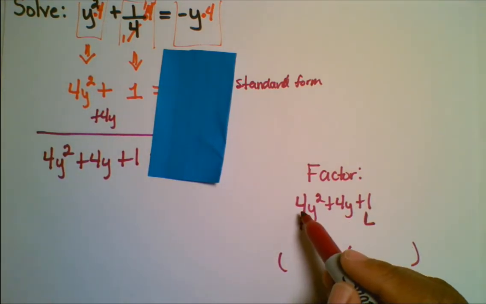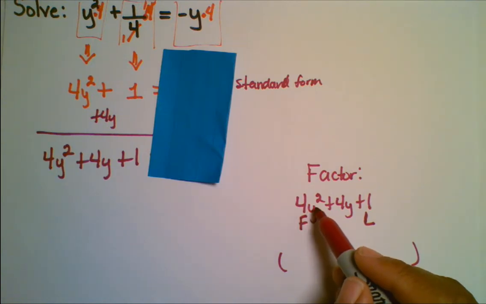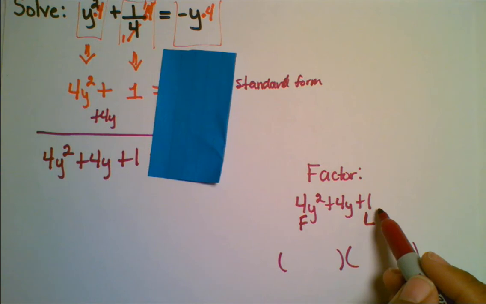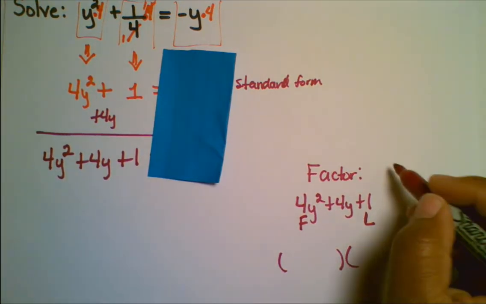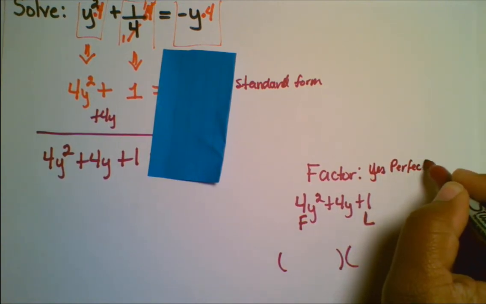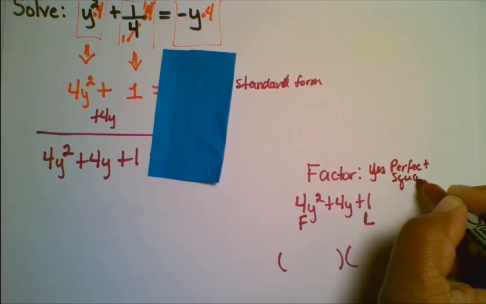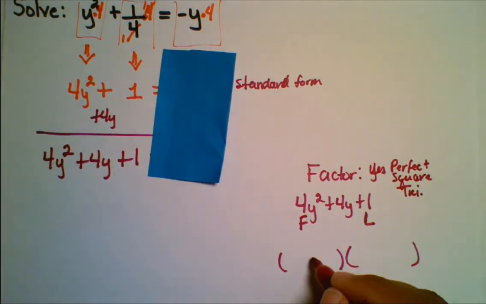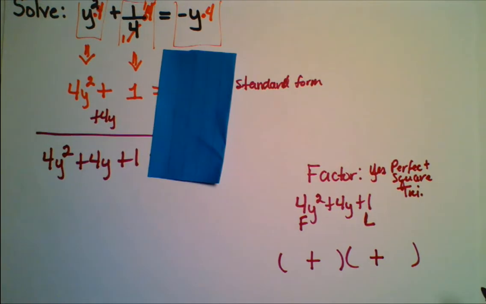If you can find two identical factors that would give you 4y squared and two identical factors that would give you 1, then it's a perfect square. So yes, this is a perfect square trinomial. So the signs are going to be the same.